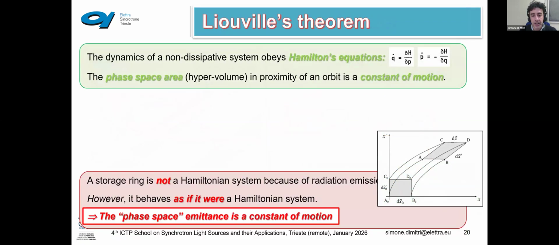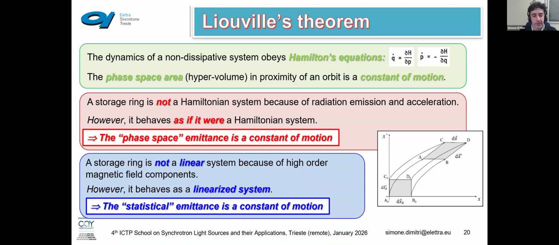Now, there are several considerations, if you are familiar with Hamiltonian dynamics, that can be brought to your attention in order to justify such a description of emittance through an analytical expression. But I want just to give you this message. The synchrotron is not per se a Hamiltonian system. In other words, it's not conservative, there are time varying fields which are not conservative. It is not a linear system because we saw, for example, we include sextupole or even octupole magnets to correct the transverse dynamic stability and so on.